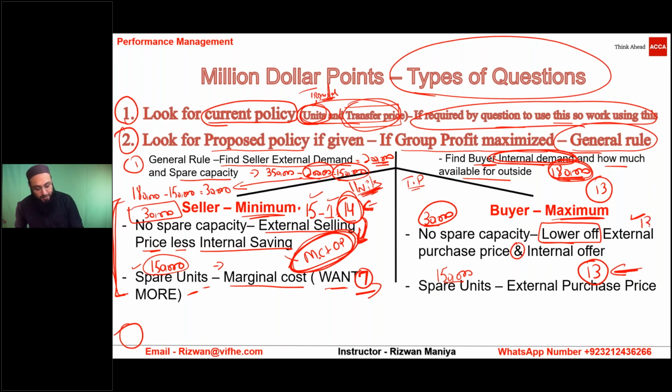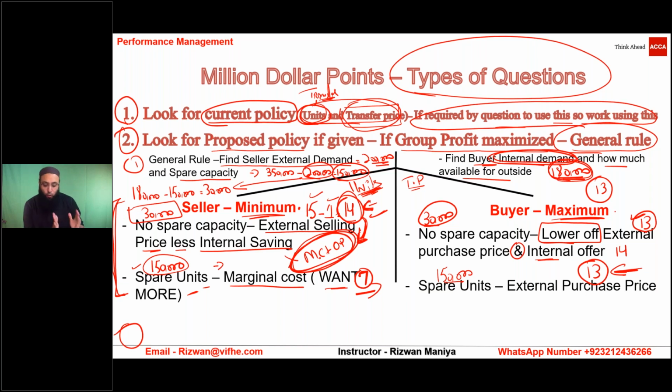External purchase price is 13, right? And the internal offer for these non-spare units is 14. So the buyer will select the lower of the two, which is 13.